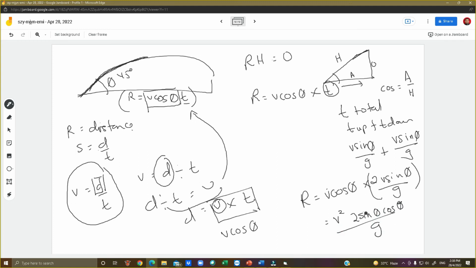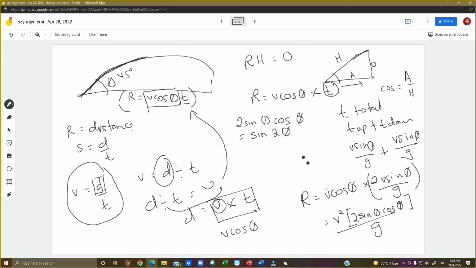Okay. When we reach here, based on the rules of trigonometrical identity, ni benda yang kamu belajar masa sekolah dulu. Saya pun dah tak ingat dah bahasa Melayu dia apa. Okay, this part 2 sin theta cos theta is equal in term of value with sin 2 theta.